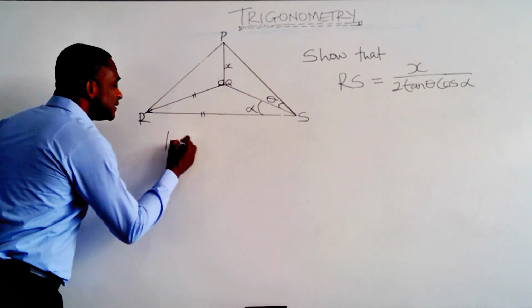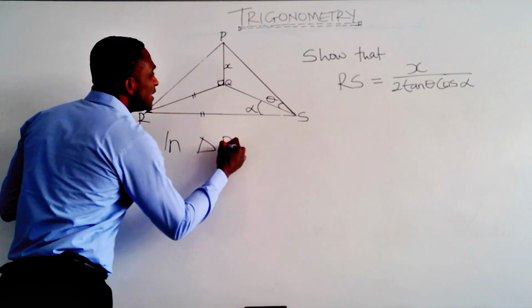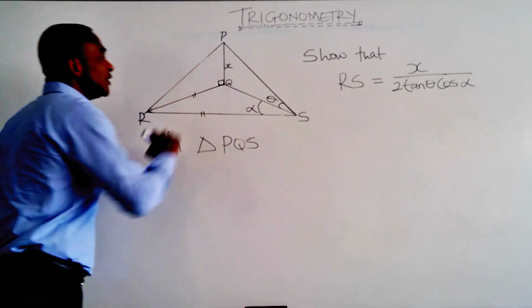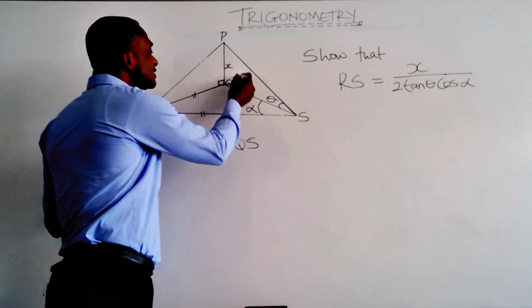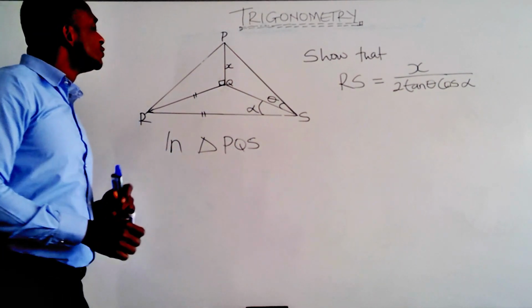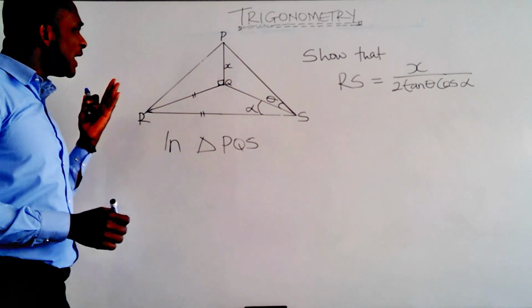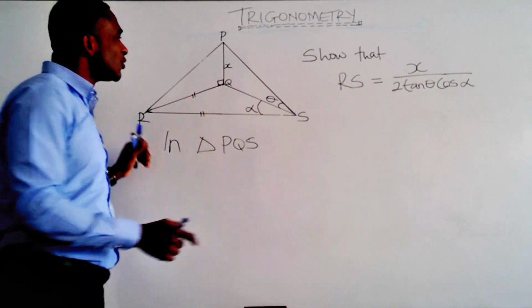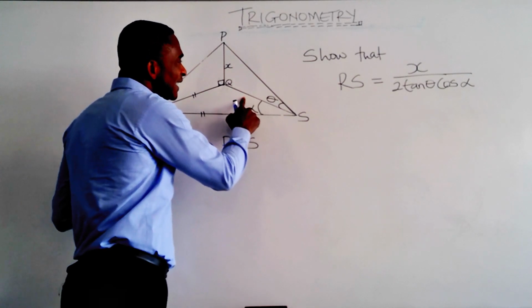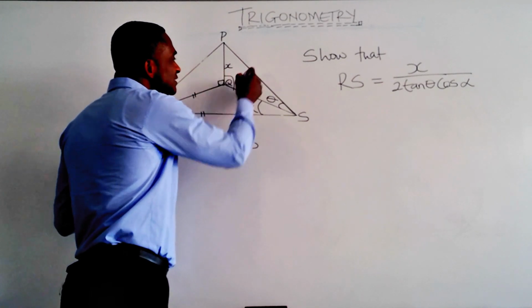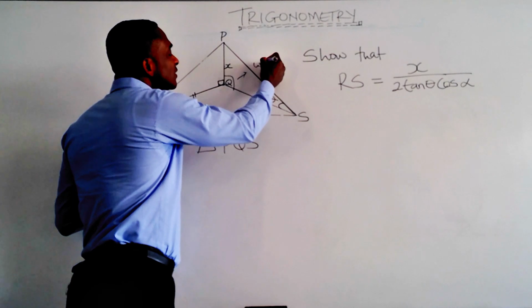In triangle PQS that was given here, because this lies on the horizontal plane, this is 90, this is 90. So we can use SOHCAHTOA here. If this is 90 degrees, this is the hypotenuse.